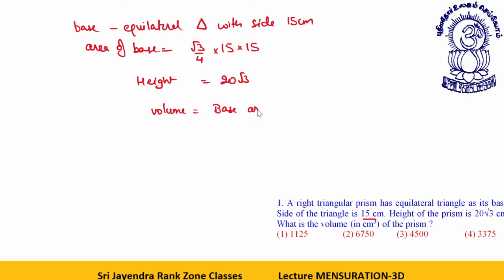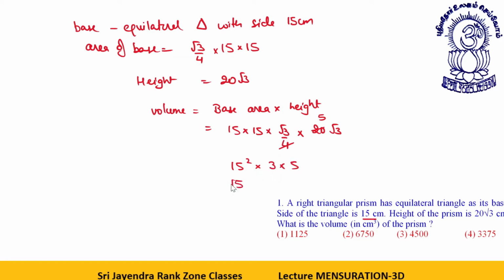So what is the volume? Volume is equal to base area into height. What is the base area? Base area is 15 into 15 into root 3 by 4 into 20 root 3. What will happen, dear students? 4 will cancel with 20 to give me 5. This is 15 square into root 3 into root 3 is 3 into 5.